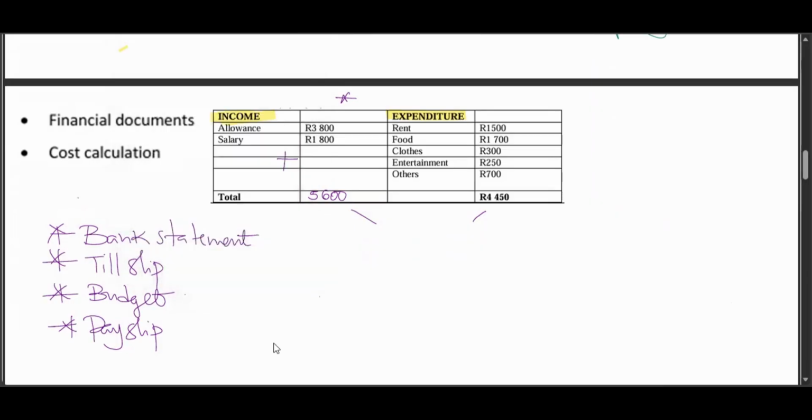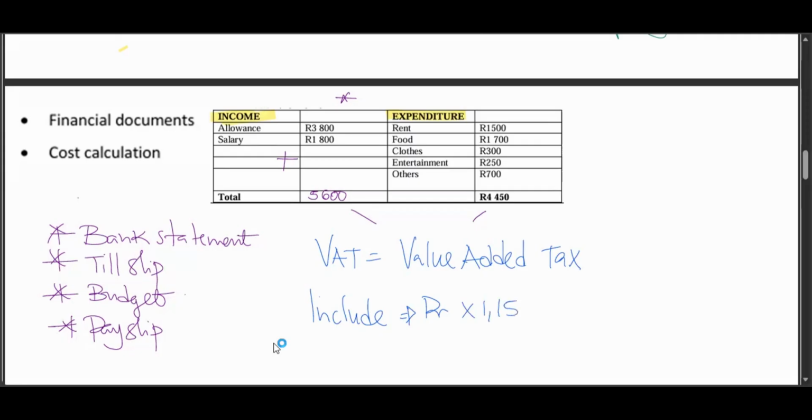VAT is value added tax. When you are including VAT, we take the price times 1,15. If you are excluding, take the price given to you and divide by 1,15.